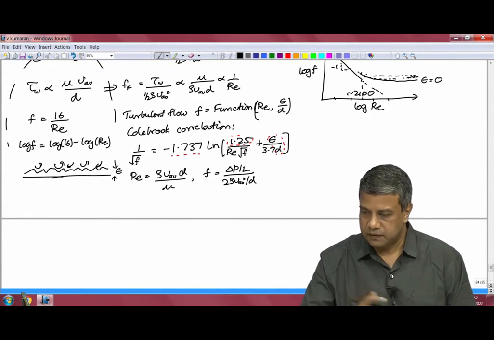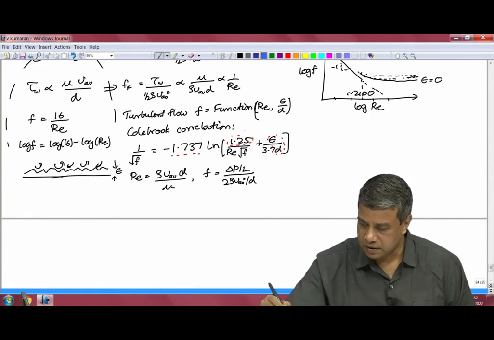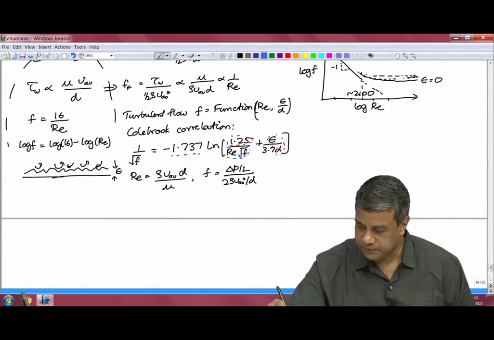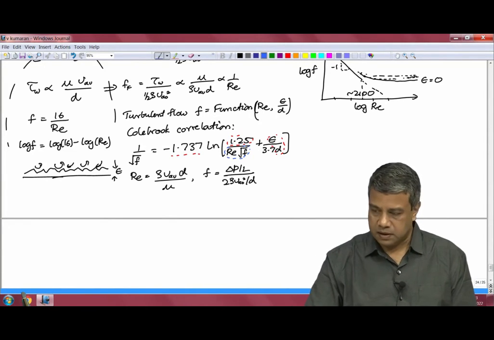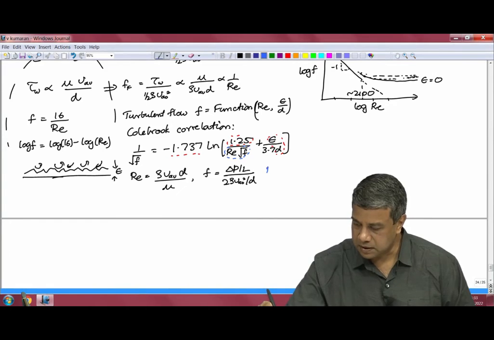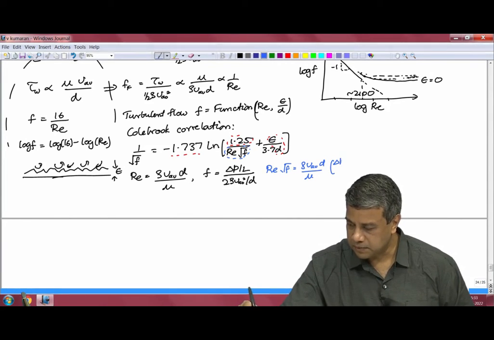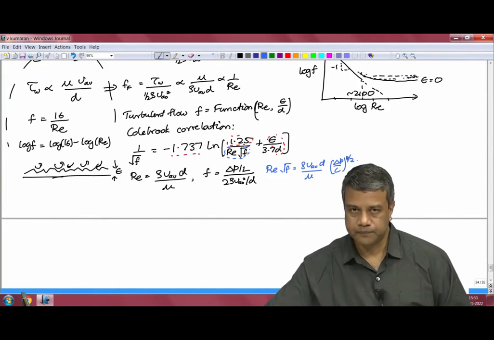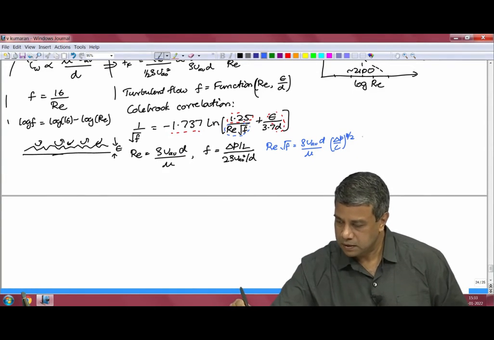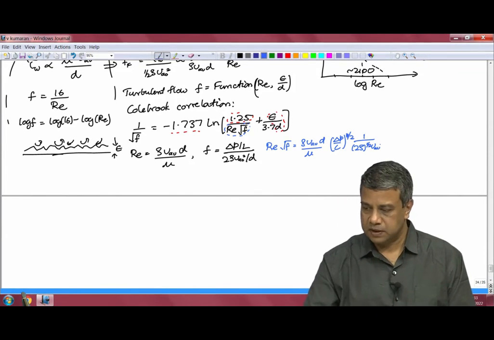If I take this factor, Re times square root of f, you will get that Re times square root of f is equal to rho V_av d by mu into delta p by L per half, 1 by 2 rho per half times V_av.